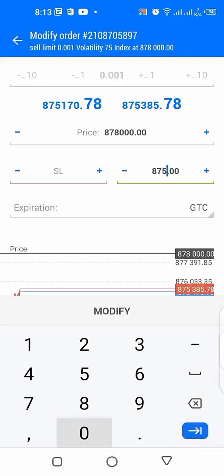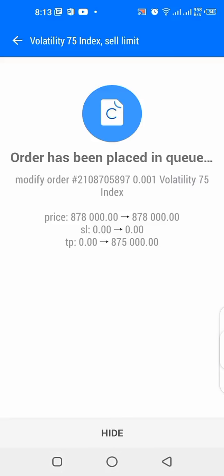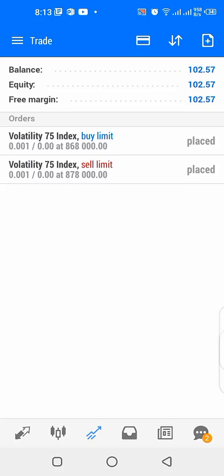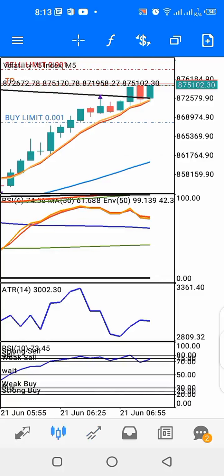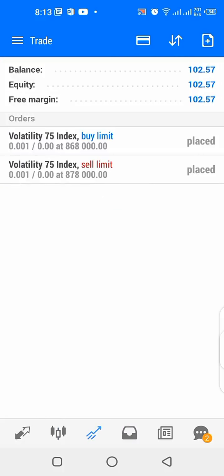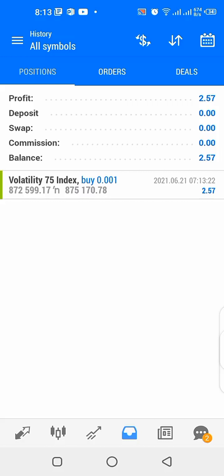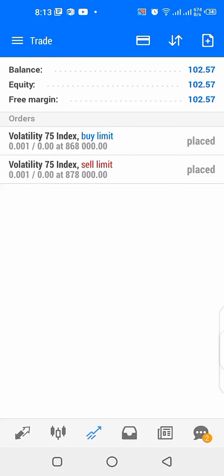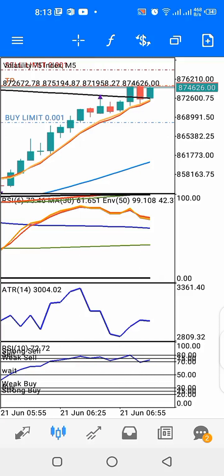Now the midpoint between the buy limit and the sell limit is where I enter my buy trade or sell trade. You can see that the position has been closed in profit, $2. That's like 20 pips.